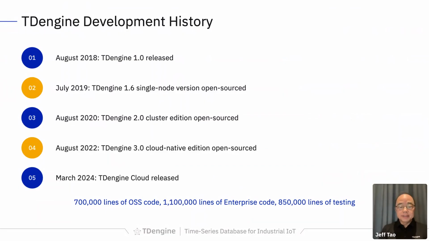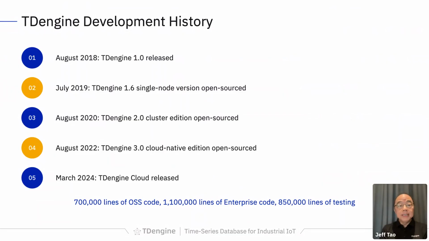I founded TDengine almost 8 years ago. The first version of TDengine was released in August 2018, TDengine 1.0. After 1 year, we released TDengine 1.6, and also we open sourced this version on July 20, 2019.